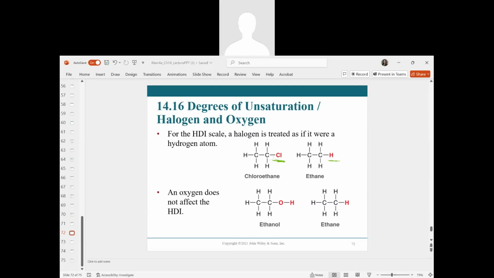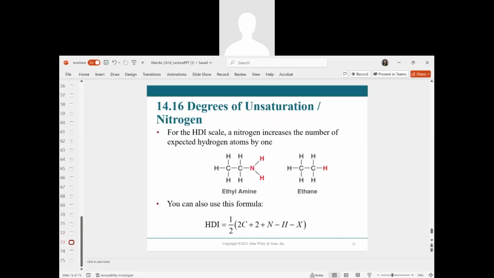The same happens with oxygen. We know that oxygen does not affect our number of hydrogens overall. So when we look at our formula, we're going to subtract 1 for every halogen, X, whereas for oxygens, there's no indication of this in the formula we're going to use. Let's take a look at what that means here.